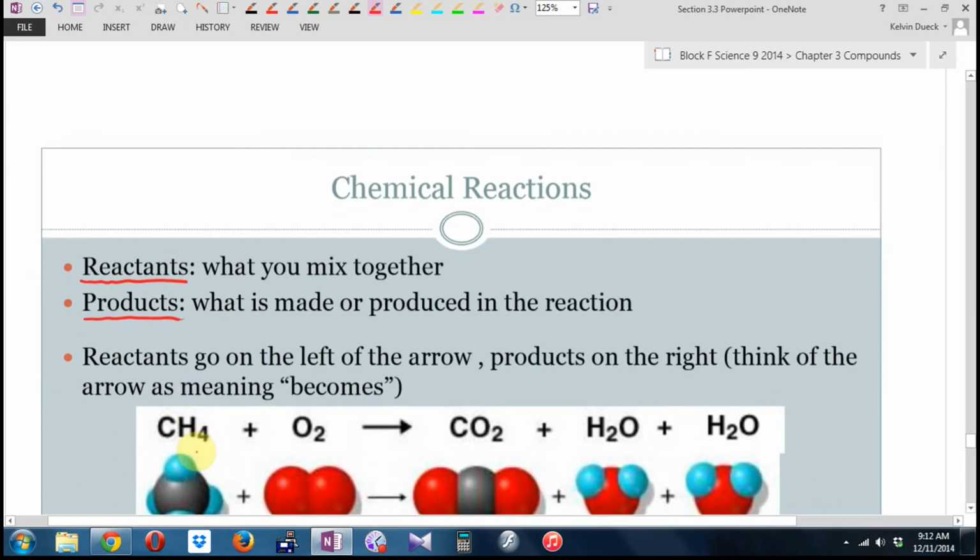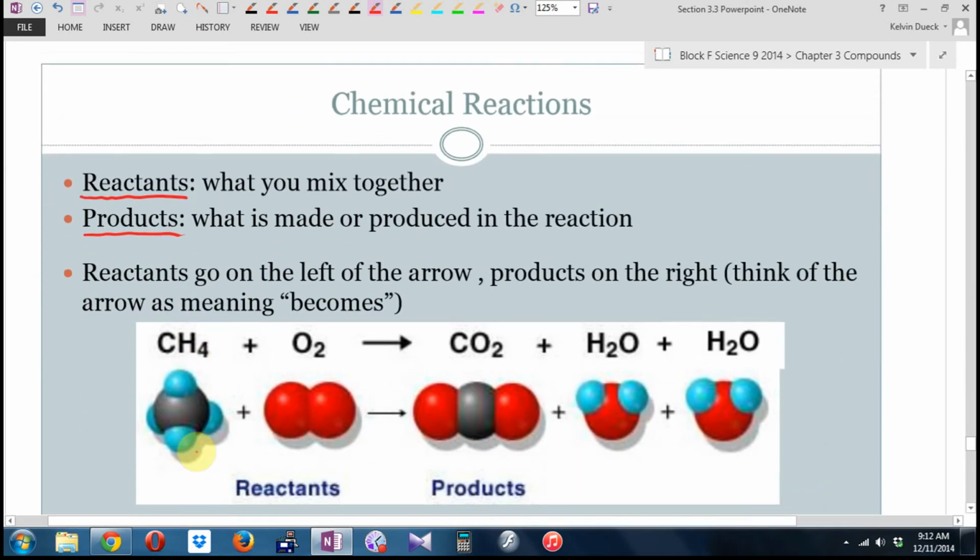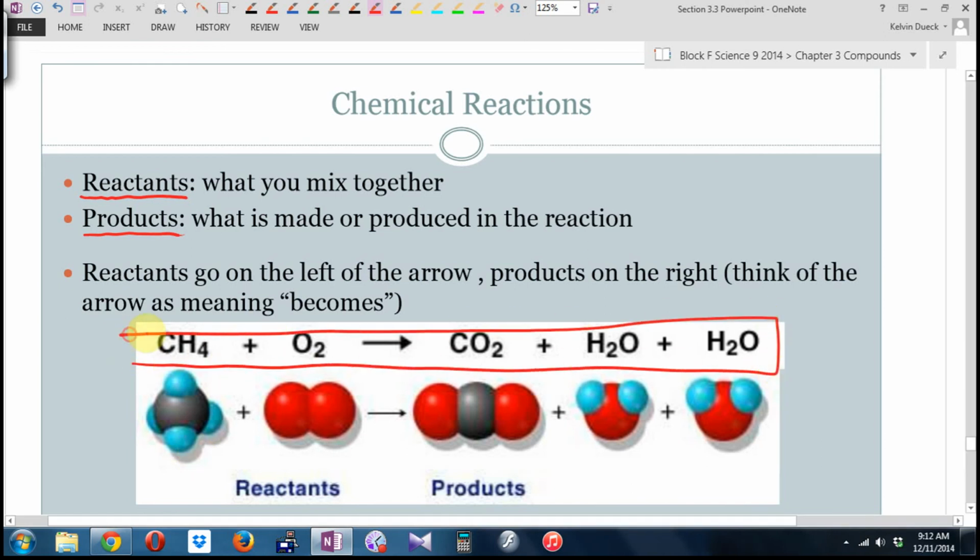They look something like this. Reactants go on the left of the arrow, products on the right, and the arrow means turns into or produces or becomes. Here is an example of a chemical reaction equation.